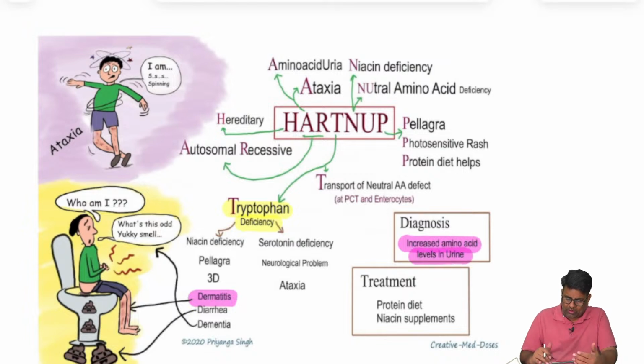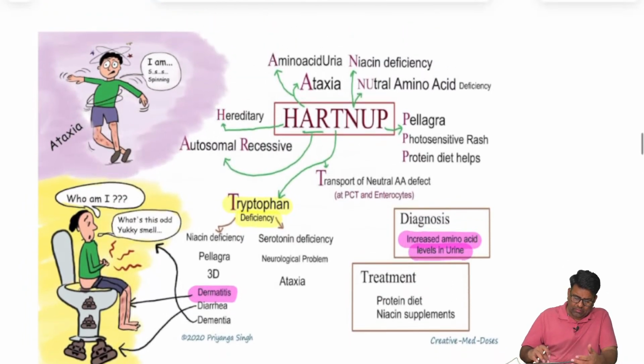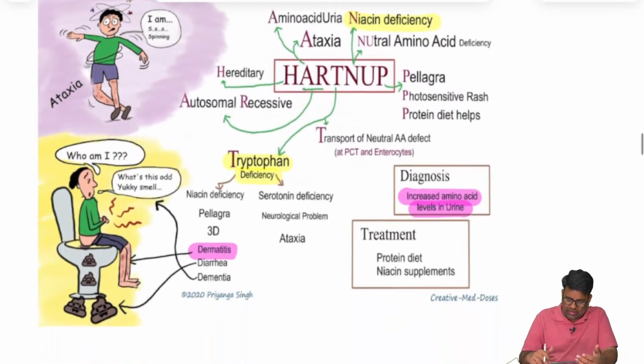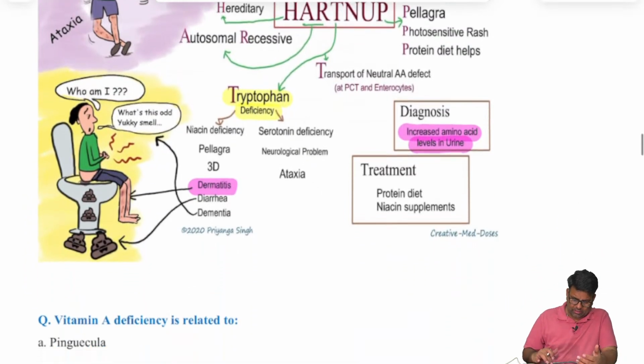This is very important here. This is all Hartnup disease, somewhat related to pellagra, because of niacin deficiency.